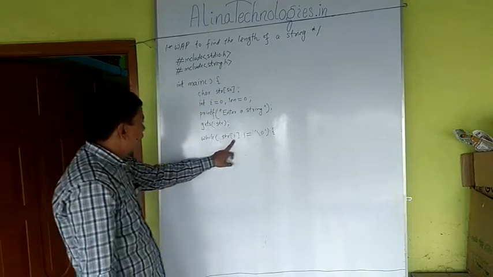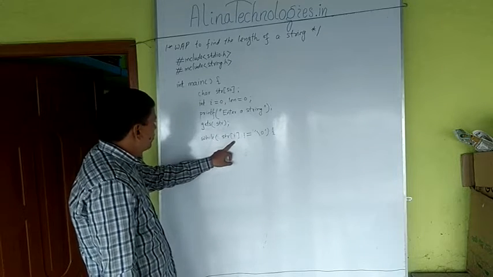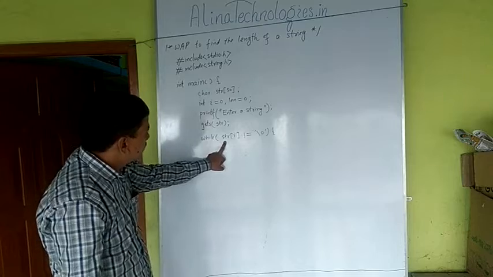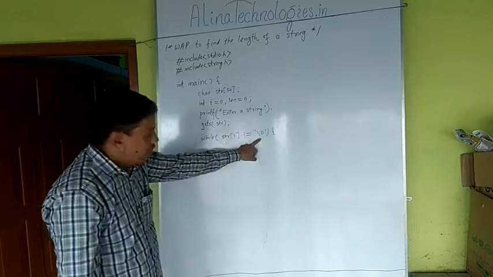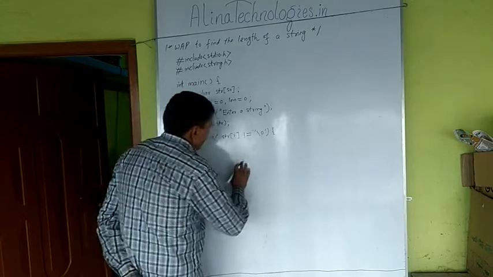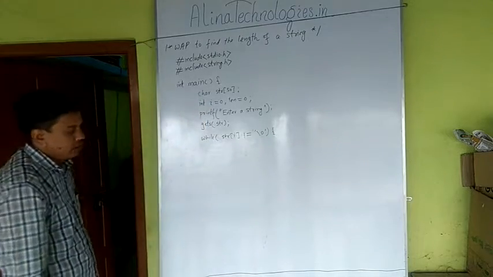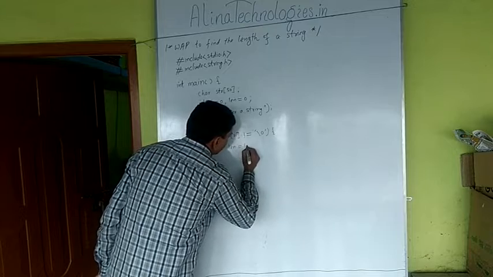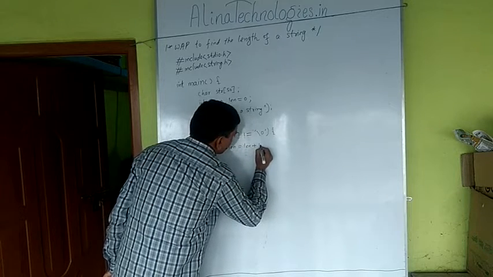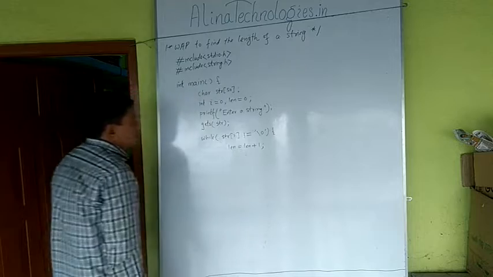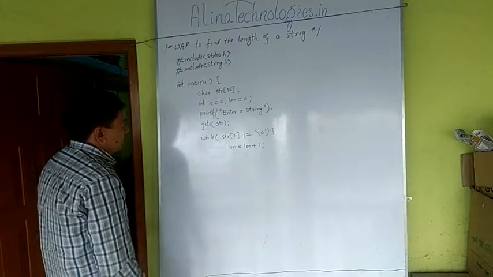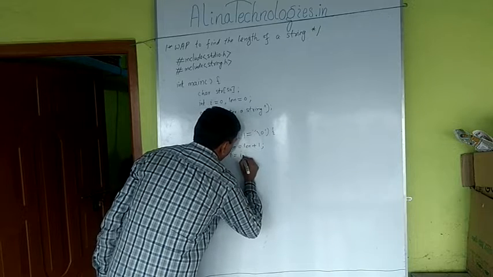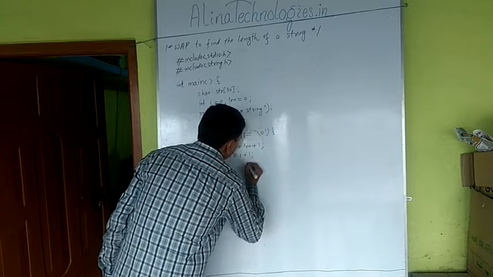While str of i, where the value of i is 0, means the first character of the string is not null, then we increment the length. In that case, len equal to len plus 1, and index i equal to i plus 1. The index is also increasing.